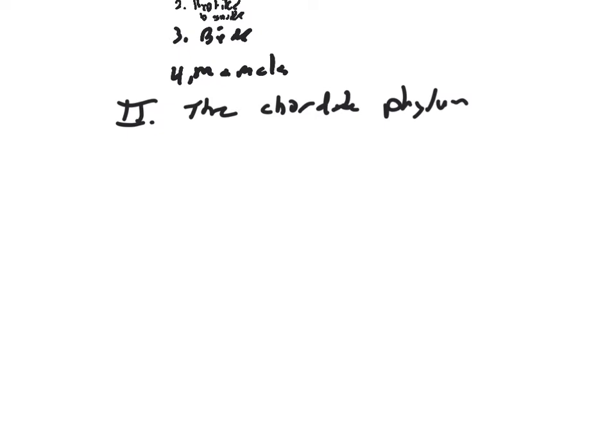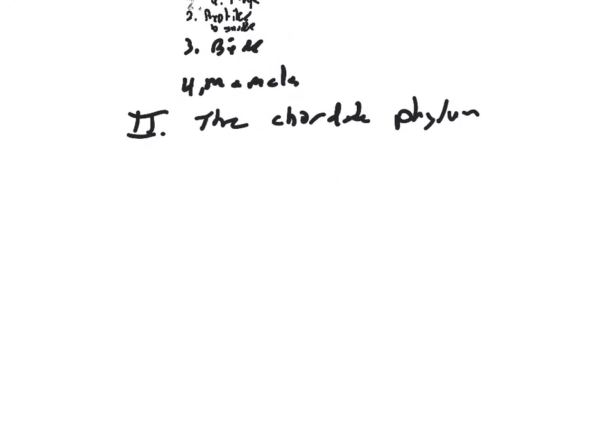Members of this phylum are called chordates. Vertebrates are a subgroup of the phylum Chordata. So I don't know how to write that. So letter A is vertebrates are a subphylum of Chordata.